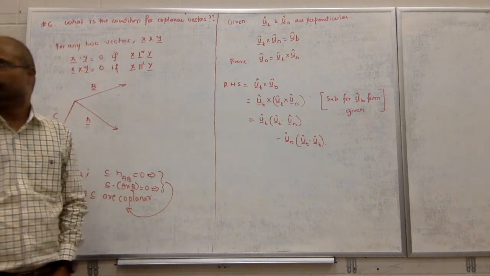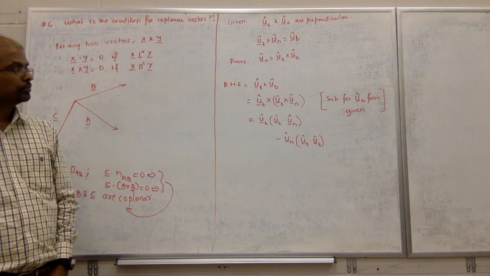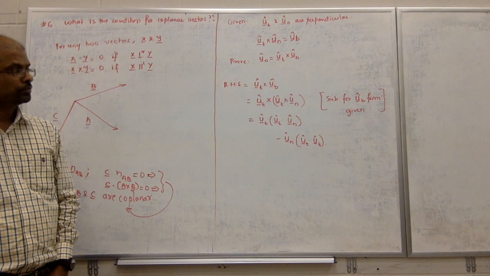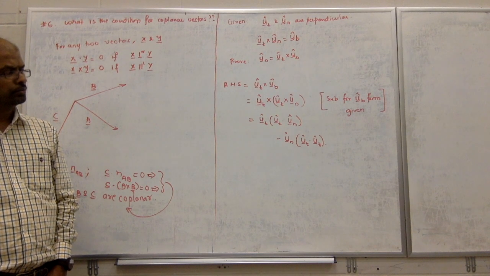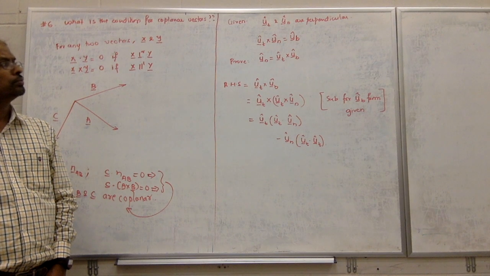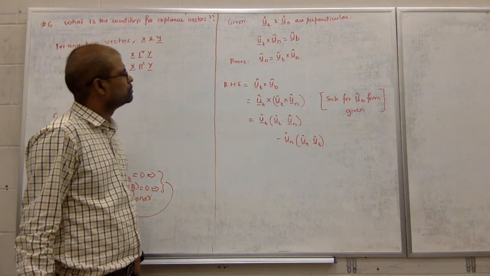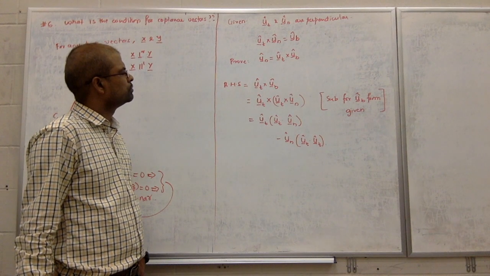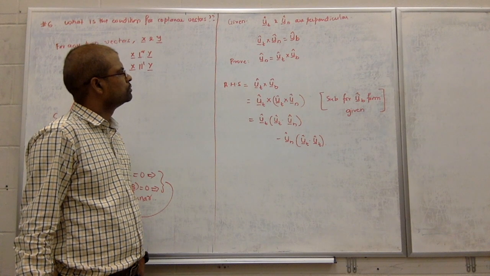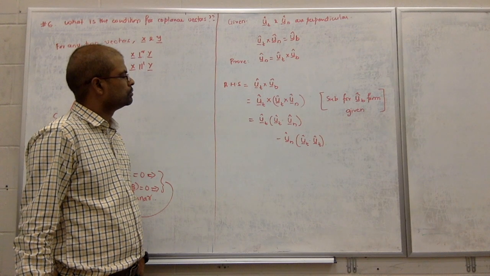Yeah, because all you did was substitute for UB. Mm-hmm. So after that, you do the BAC-CAB rule.